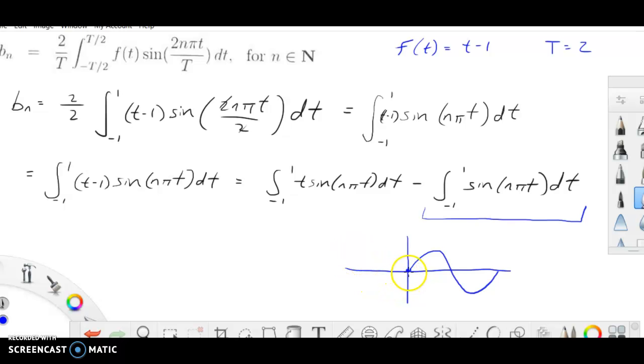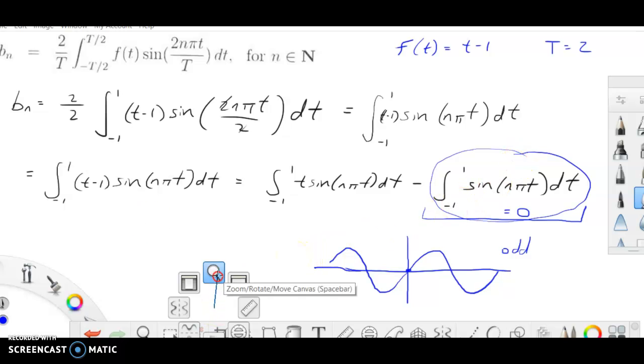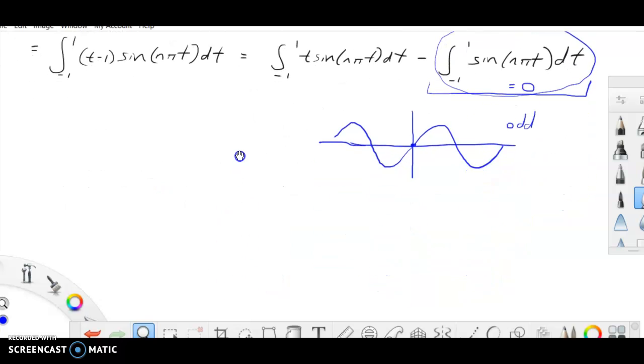If you turn the whole thing through 180, you'd see that this would land exactly on top of this, so it's odd. And the integral of an odd function, as long as the limits are okay, always comes to 0. So this guy here all comes to 0, and that does take out a good bit of the work there.